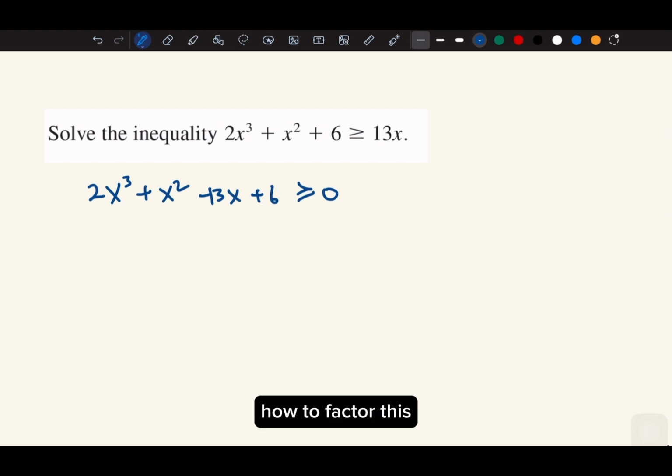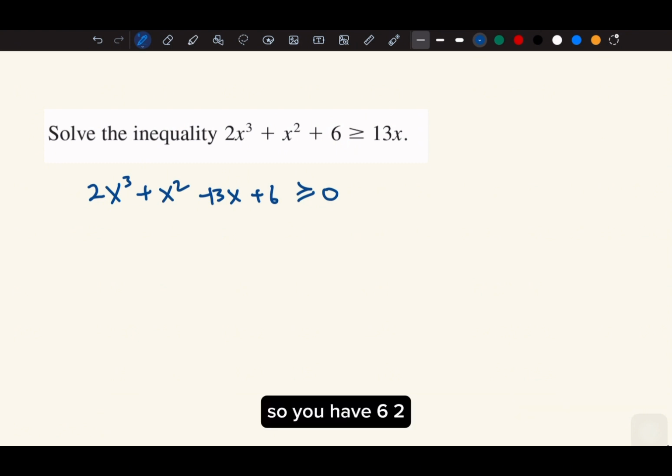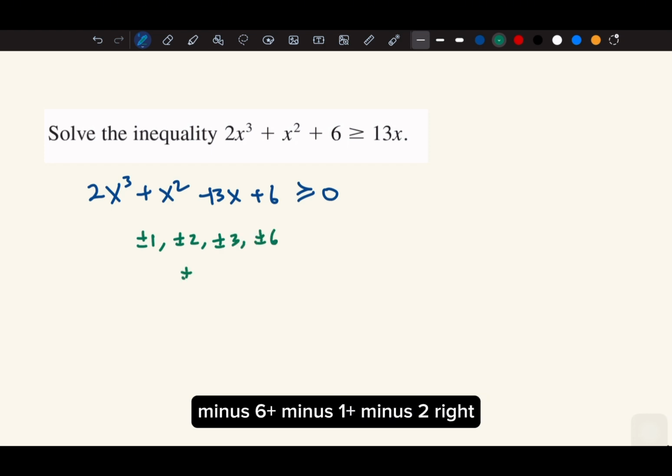How to factor this? Do the polynomial things from before, the rational zeros. So you have 6, 2, the factors of 6 and factors of 2. So plus minus 1, plus minus 2, plus minus 3, plus minus 6, plus minus 1, plus minus 2.